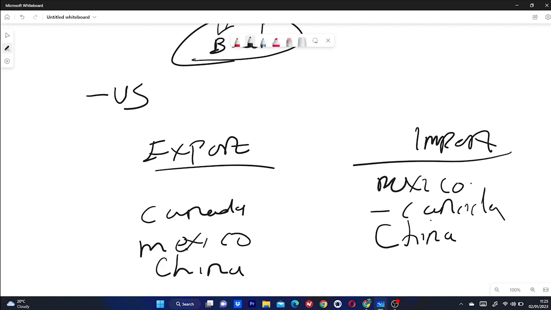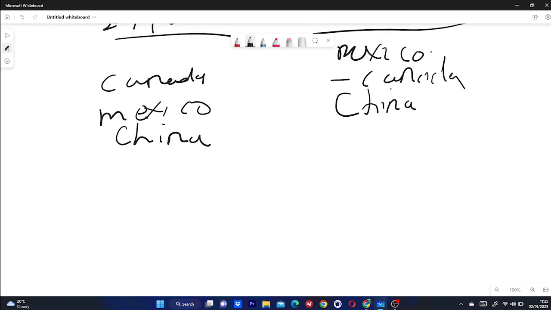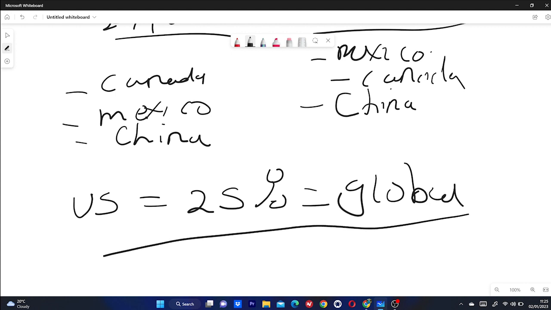So these countries, as you can see over there, have a lot of contribution to the US dollar. And all you have to know is that the US contributes 25% to the global growth. That's very incredible. That's a quarter of the growth of the economy globally.